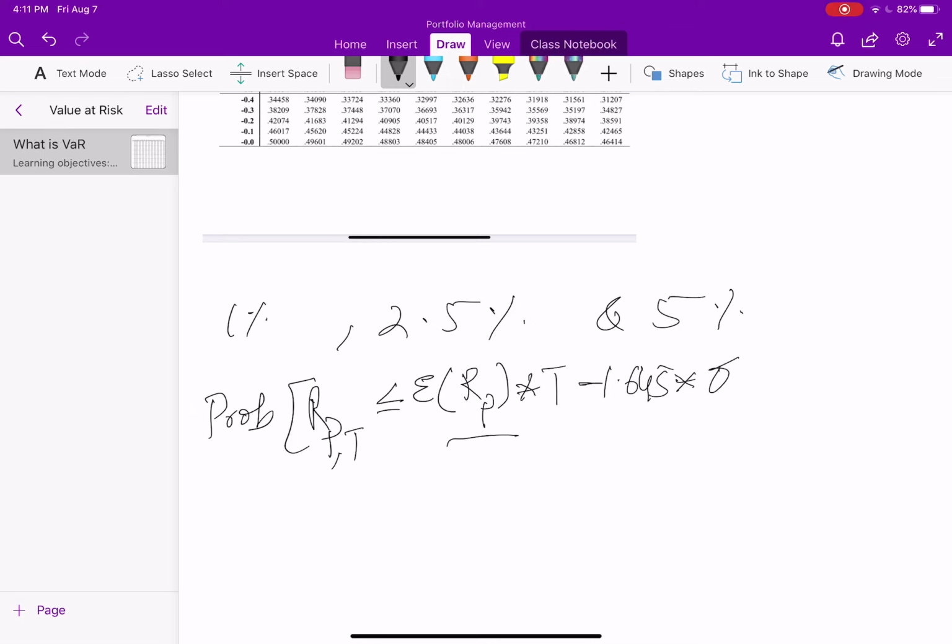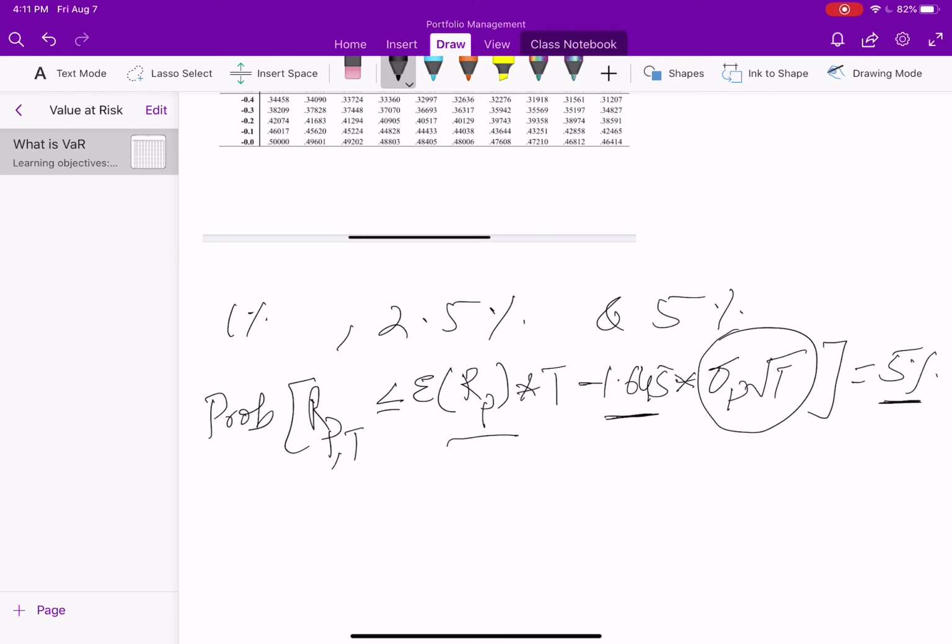This is the annual standard deviation multiplied by the square root of T, which gives the average 2-year standard deviation. And this is equal to 5%.